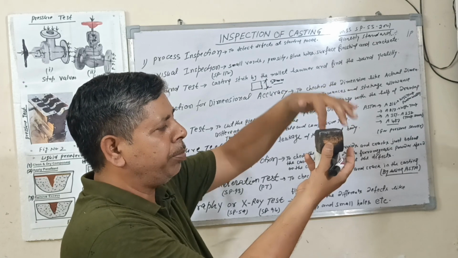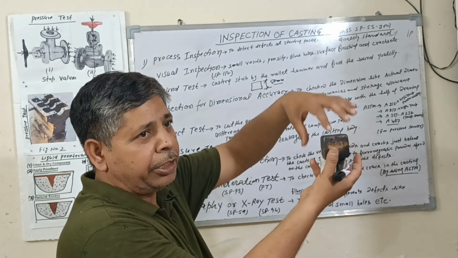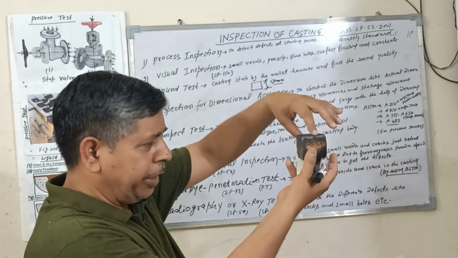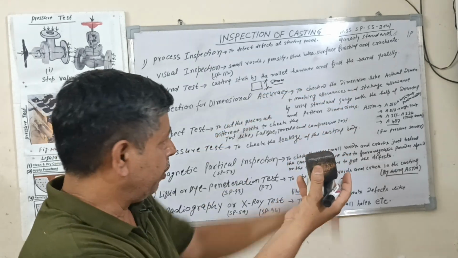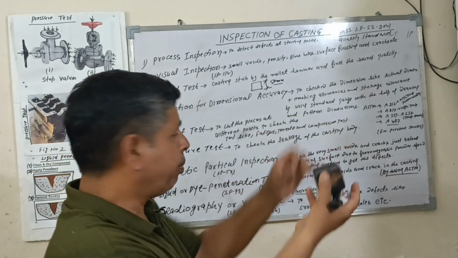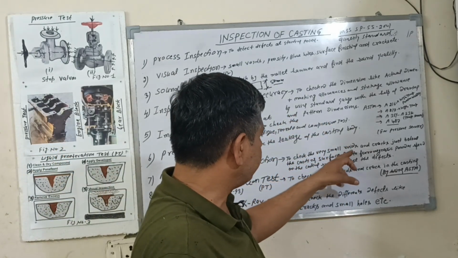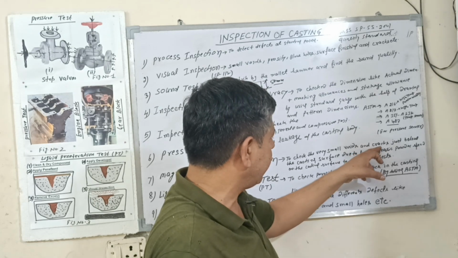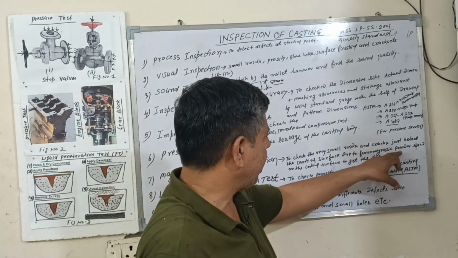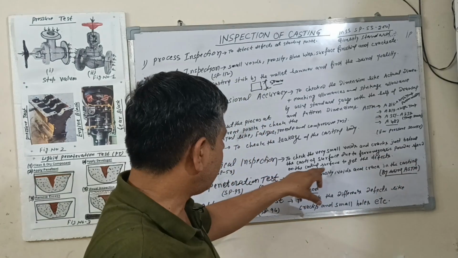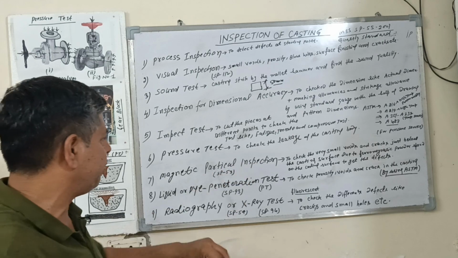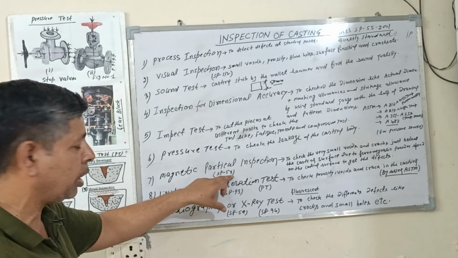The continuity of the magnetic flux shows that there is no problem. A break in the continuity indicates that there is some problem here. It is used to check very small voids and cracks just below the casting surface, with ferromagnetic powder sprayed on the casting surface to reveal the defect. This is the magnetic particle inspection. The SP53 standard is used.